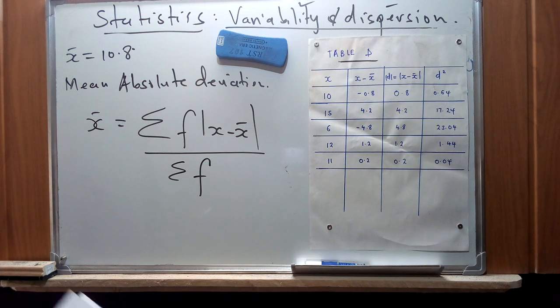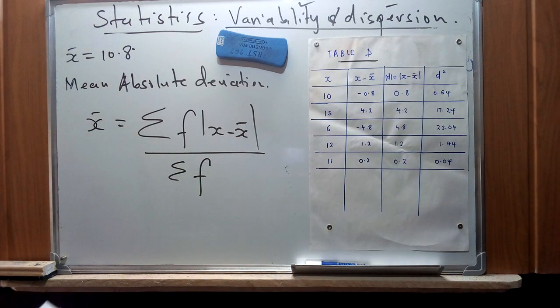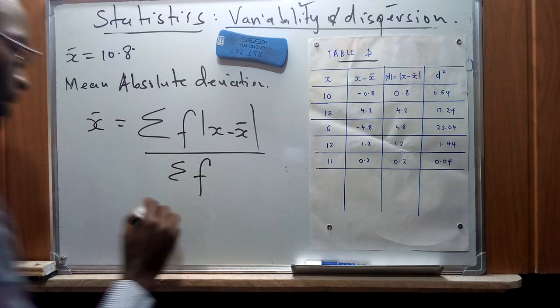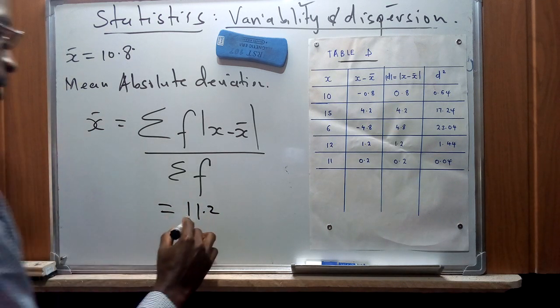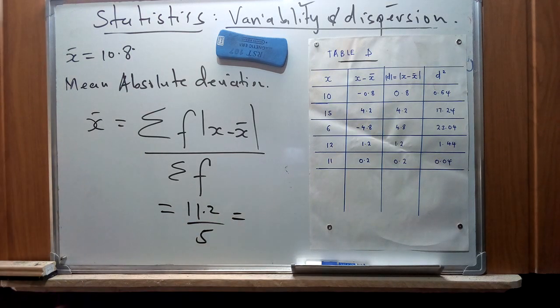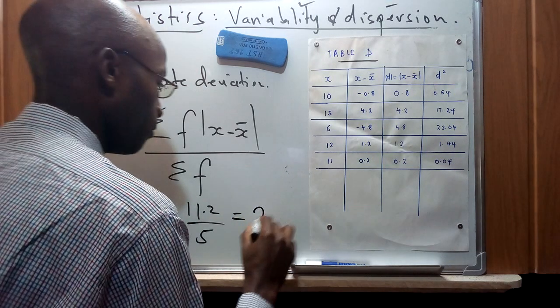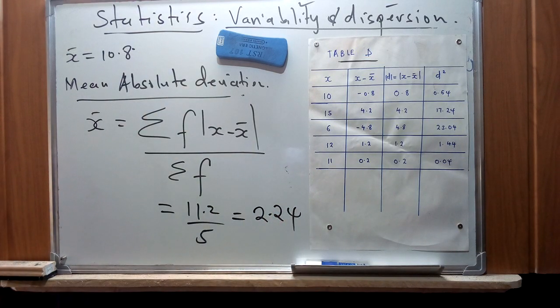Of course, in this case, this range of data is going to give us 11.2 divided by the summation of frequency. We have used 5 for our first case there. So it's going to give us 2.24. And that one will form what we call the mean absolute deviation.